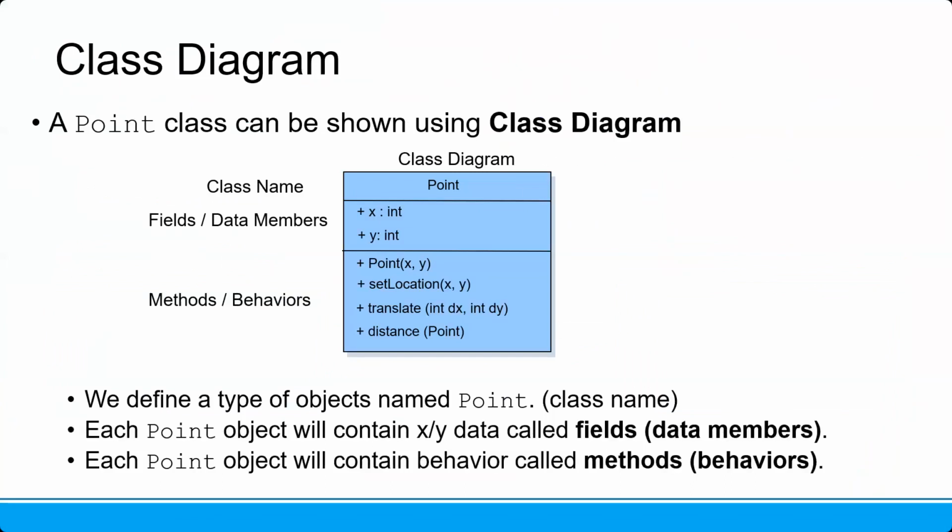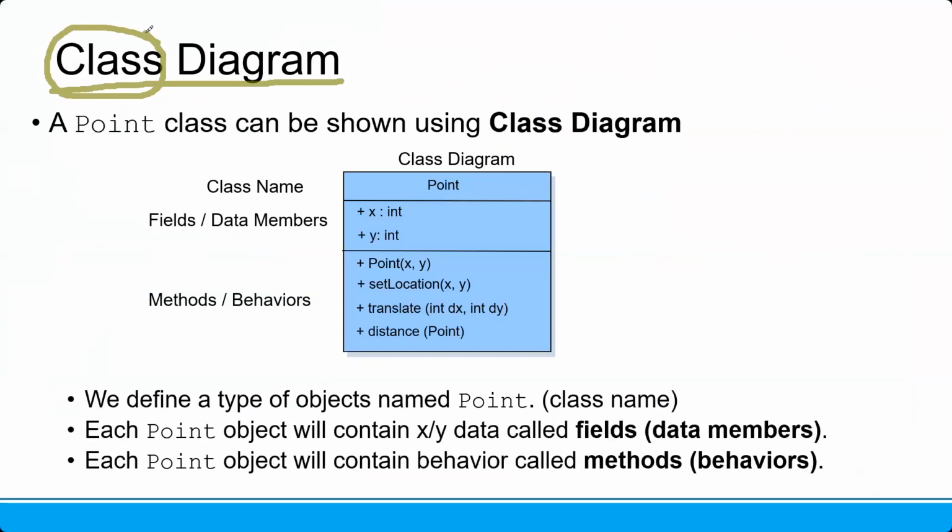When we do object-oriented programming, we will make a class diagram. So we learn what a class is. A class can be anything. It can be an entity.